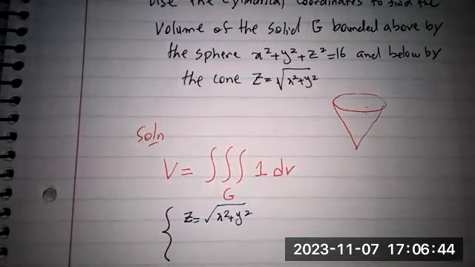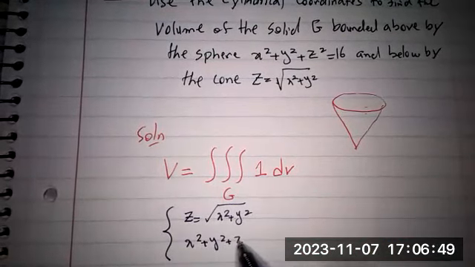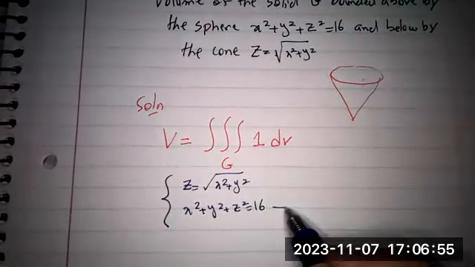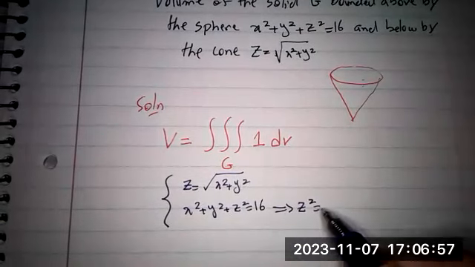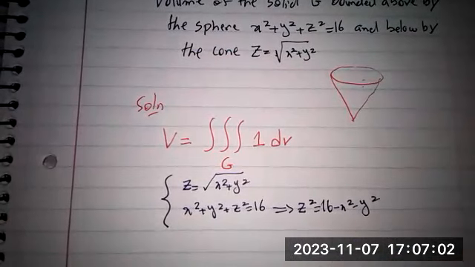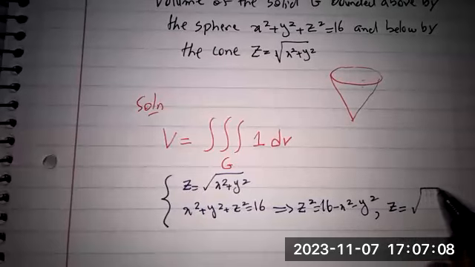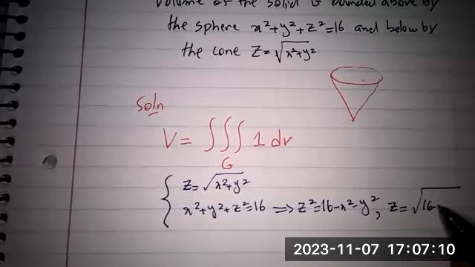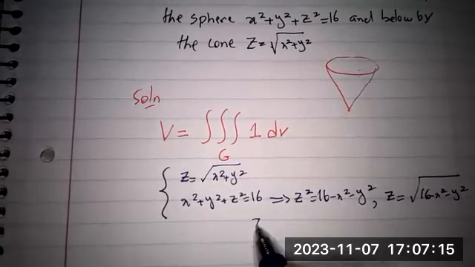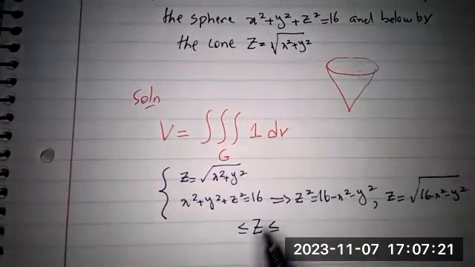For the sphere, you have x squared plus y squared plus z squared equal to 16. Solving for z, z squared is equal to 16 minus x squared minus y squared. We take the positive square root, which gives us the top: the square root of 16 minus x squared minus y squared. So z now goes from the cone below to the sphere above.